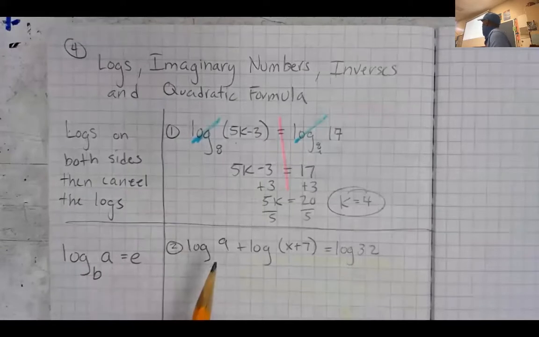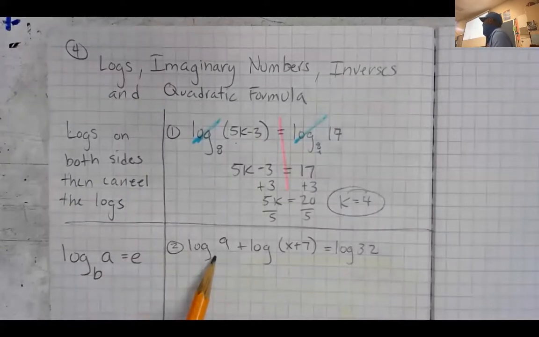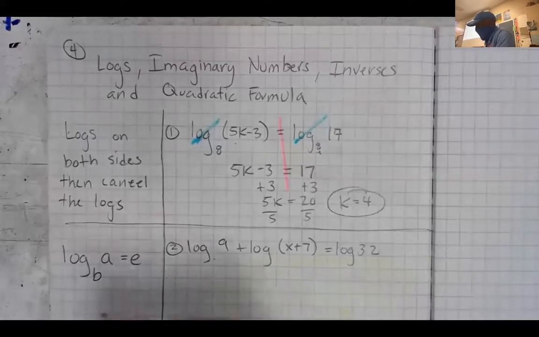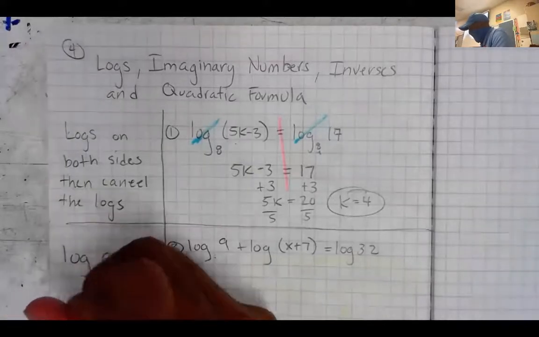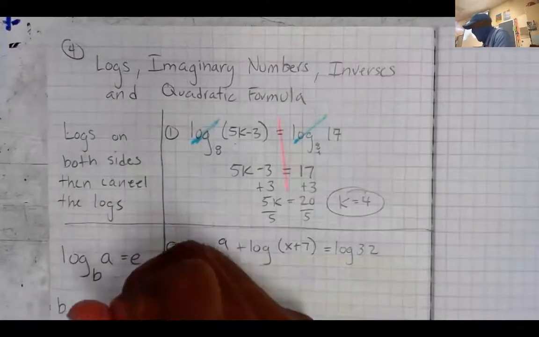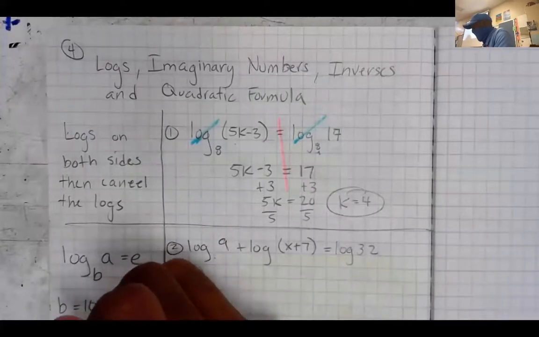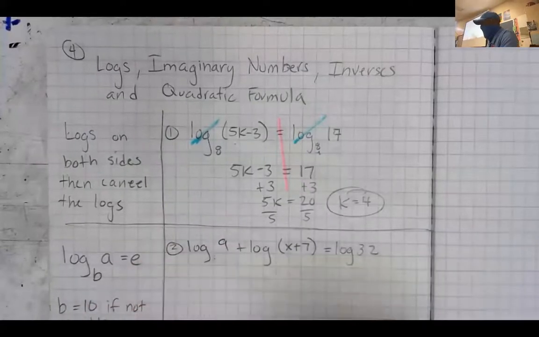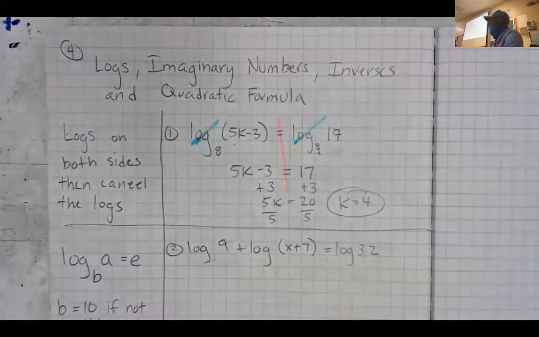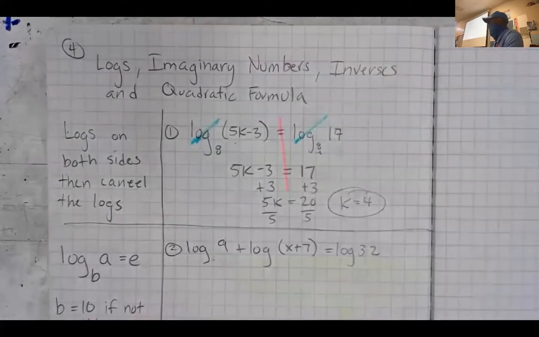So right now, if there is no base written, what is it automatically? It's 10. Good. So B equals 10 if not written. It's kind of like if you just have a variable by itself, like x, you know there's a 1 in front if nothing's written.